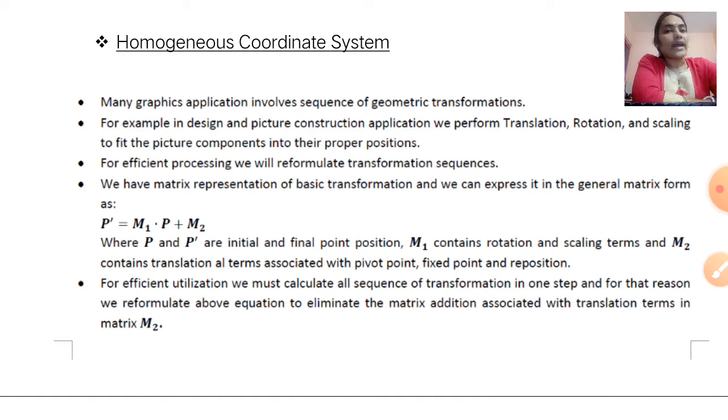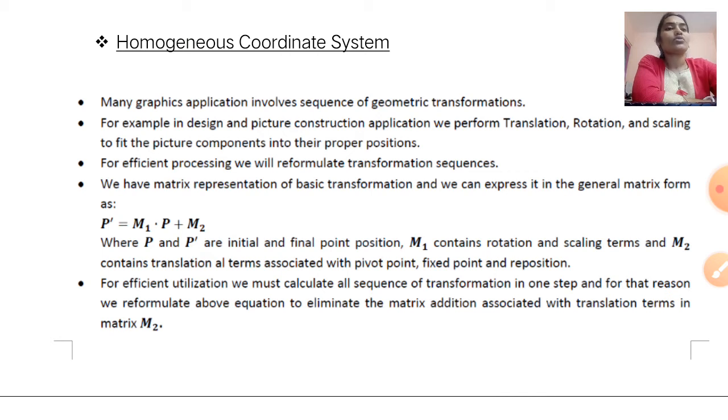Now, we have matrix representations of basic transformations and we can express them in the general matrix form as P dash equals M1 into P plus M2, where P and P dash are the initial and final point positions.